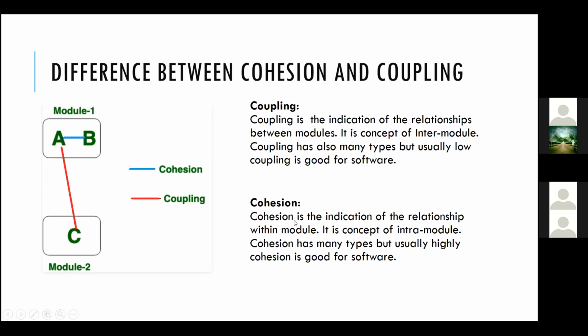While cohesion is the indication of relationship within a module. So take note, within module, for example here, I have module 1, where A is in cohesion with B. It is the concept of intra-module, and cohesion has many types, but usually high cohesion is good for software.